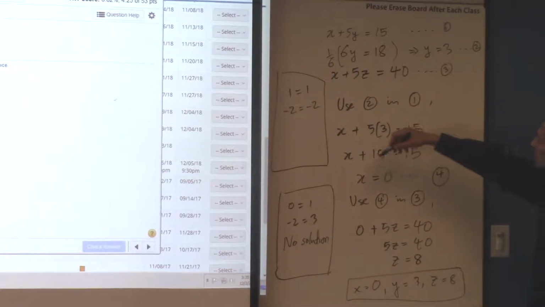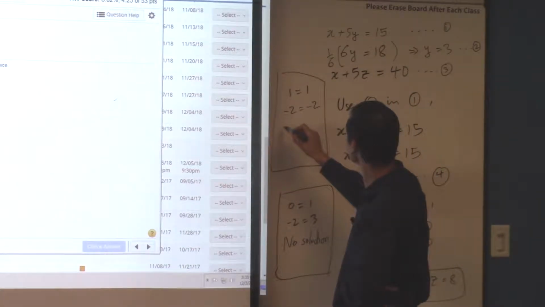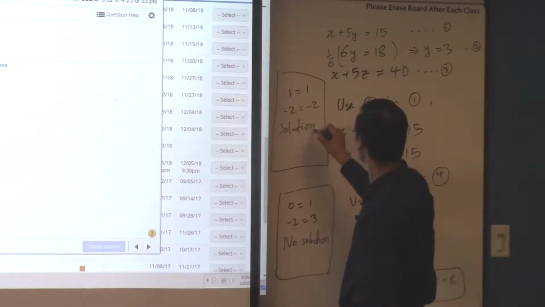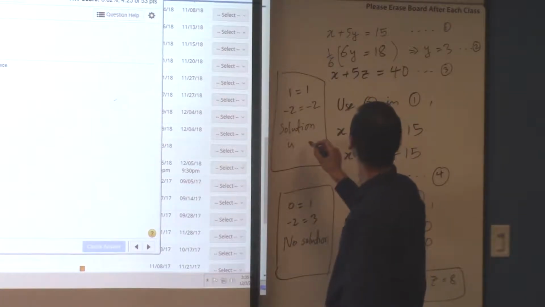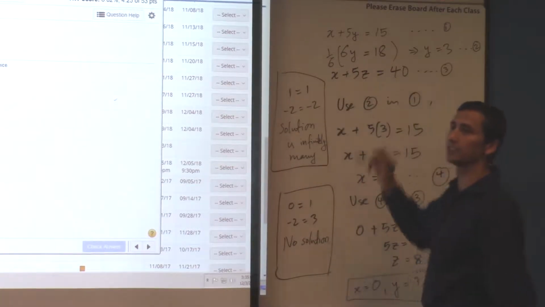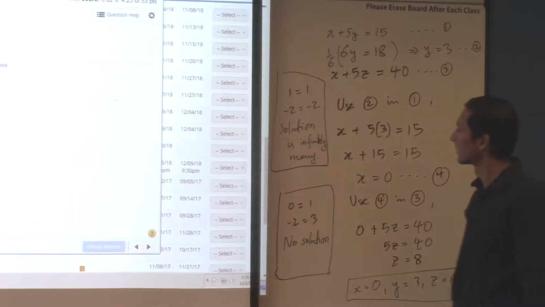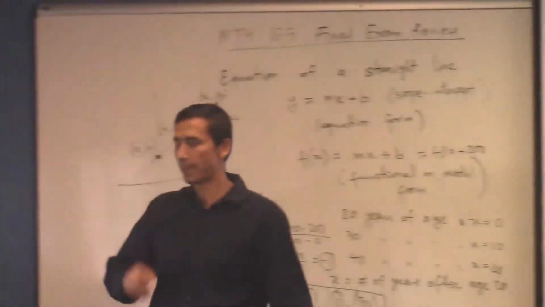So if you run into these kinds of situations, the solution is infinitely many, since we have 3 variables. You can't just say all real numbers. Okay.